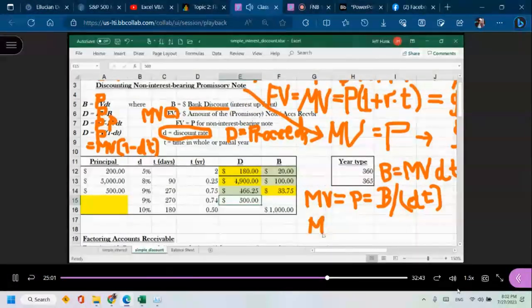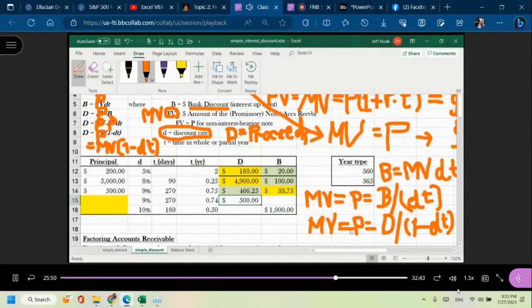So also, maturity value or P is D over 1 minus DT. Okay, so this is how you find principal or maturity value when you know B, this is how you find it when you know D. So this is very basic math, basic algebra, not a big deal.